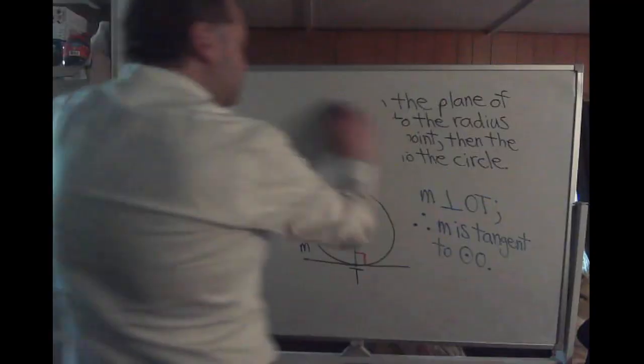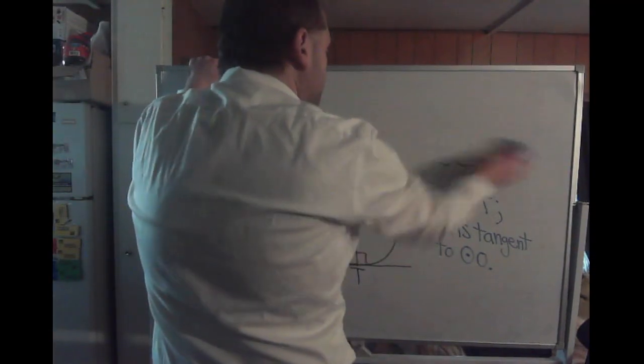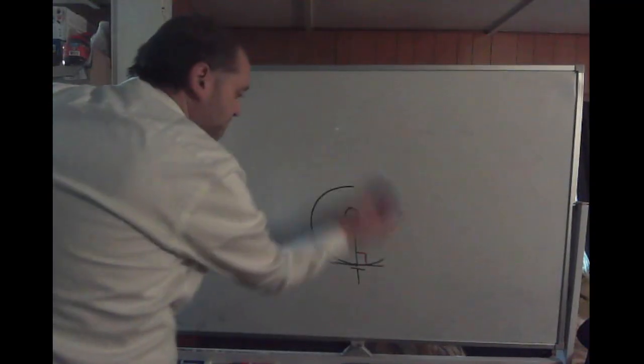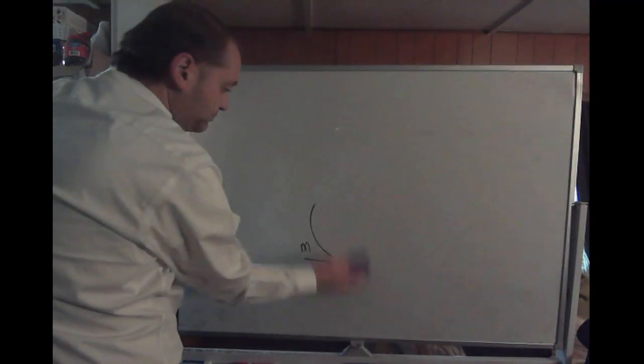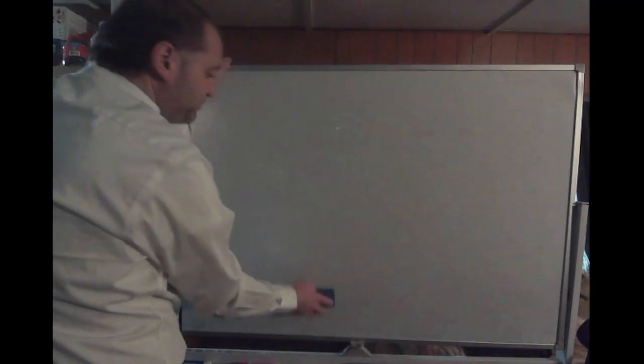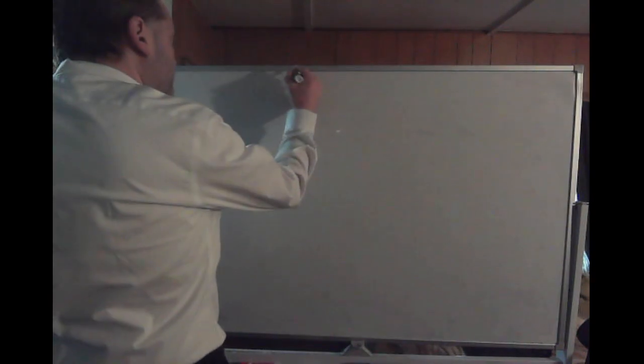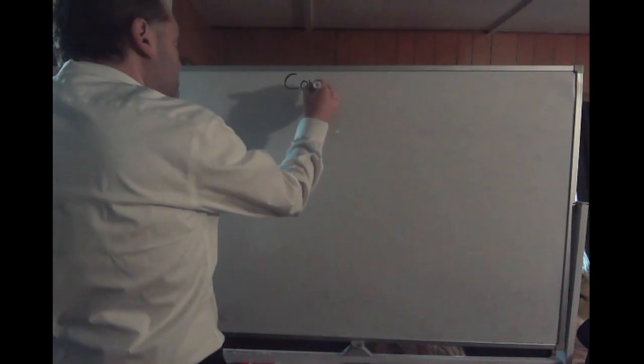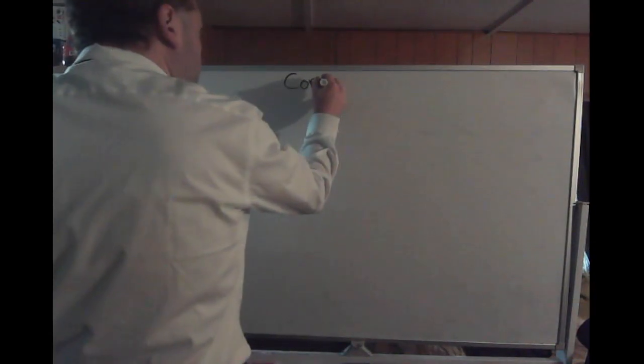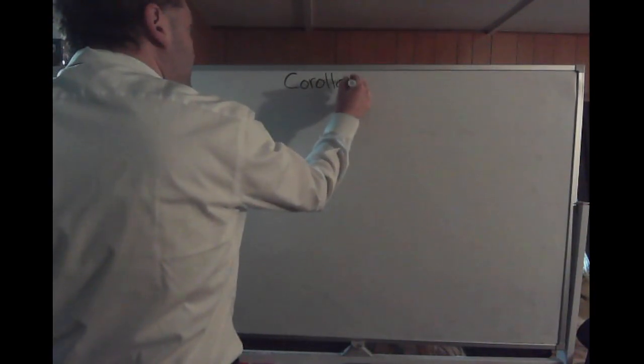Now we have a corollary about tangent lines that's really going to help us with some exercises we're going to do today. Let's talk about the corollary that we're going to deal with. Corollary. Okay.